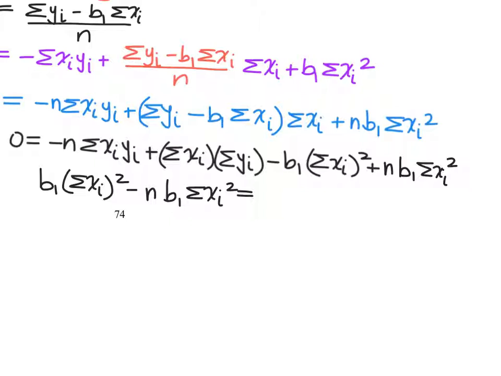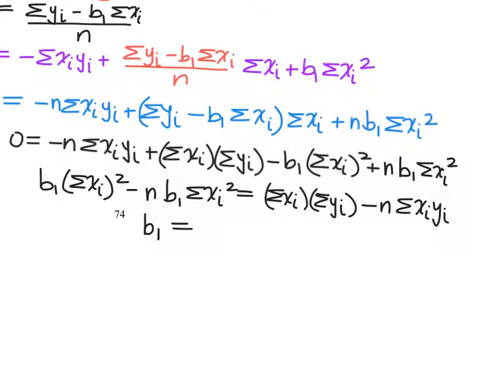All right, so sum of x sub I multiplied by sum of y sub I. I'm going to write minus n times the sum of x sub I, y sub I. All right. So we have the GCF of b sub 1 that we could pull out. And then once we do that, we can divide out everything else.